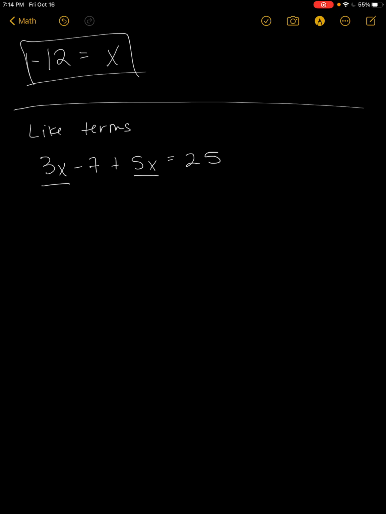I can combine my like terms here. 3x plus 5x is 8x minus 7. And then it just becomes what we saw just before. I'm going to get rid of my 7. Going to divide both sides by 8.